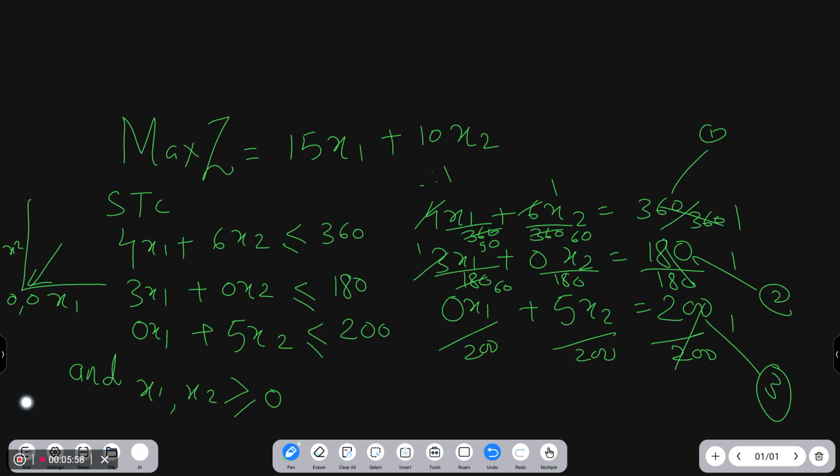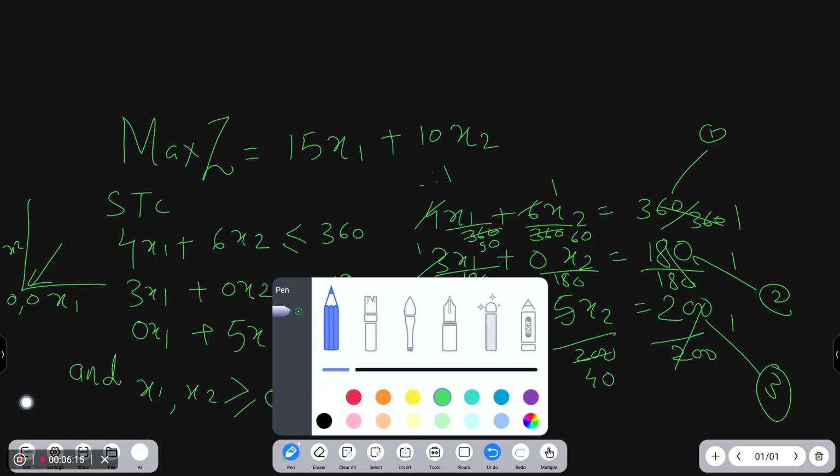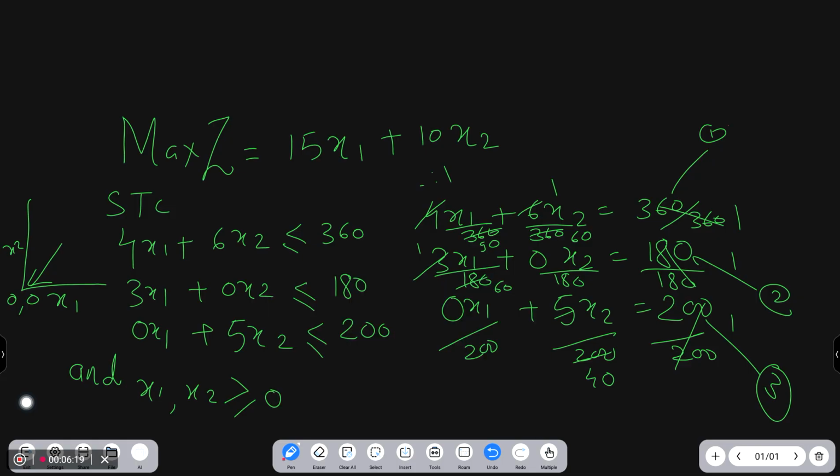Here it will be 0. What about here? Here also 0. And what is here? 40. Right? Now can I say what are the coordinates of my first equation? x1 is equal to 90 and x2 is equal to 60.